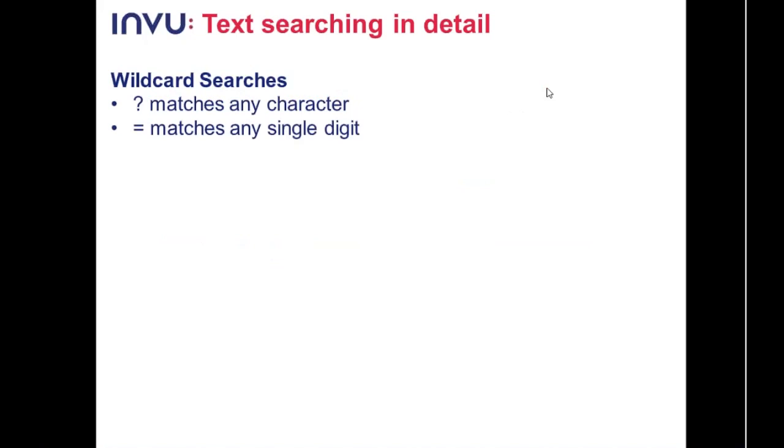So if you're looking for invoices or documents that have a date, let's say you want to find everything that was indexed in the 90s, you can just type in 199 and then the equals. What that will do is look for documents from every year that falls within that range, so 1990, 91, 92, and so on, all the way up to 99.